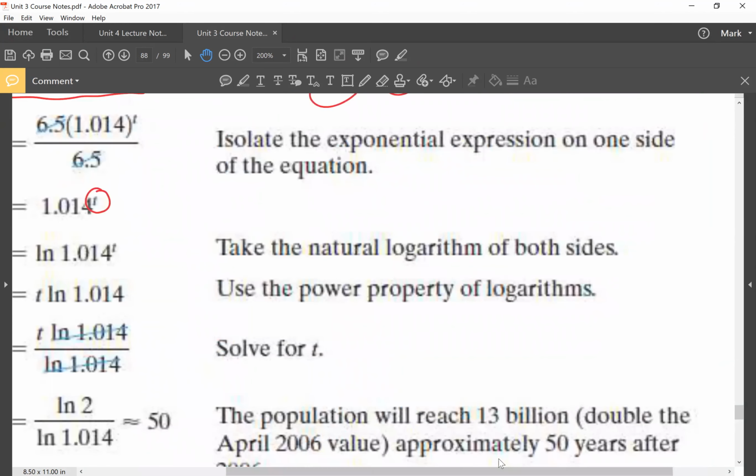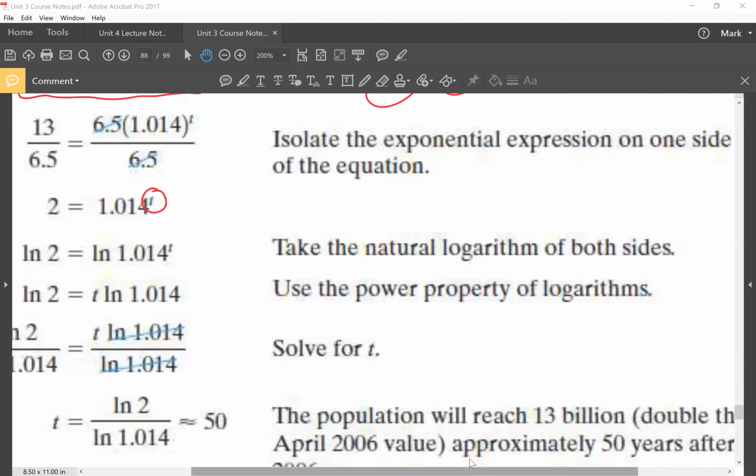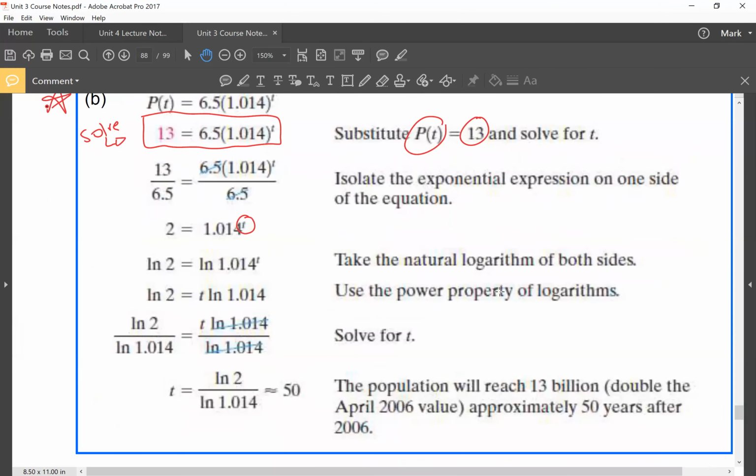That exponential, let me zoom in a little bit. It's an exponent. How do we algebraically solve for that? Well, we need some way to bring that exponent down in front. So we take the logarithm of both sides. It can be the natural logarithm or regular logarithm. It doesn't matter. You take the ln or log of both sides.